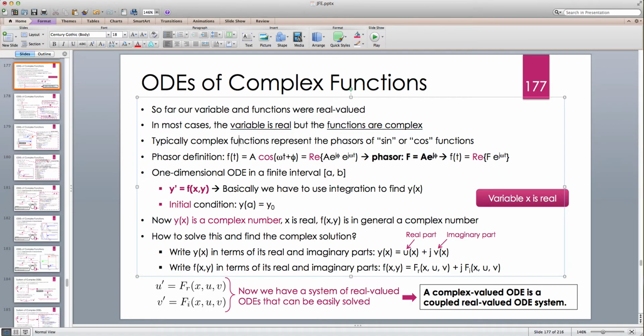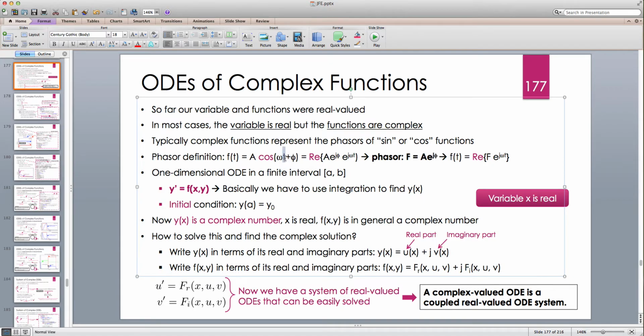And this happens all the time in physics, in mechanics, in electrodynamics, in quantum mechanics, all the time. So complex functions represent the phasors of a sine or cosine function. What do we mean by phasor? If you look at the general representation of a cosine function, it could be an amplitude times cosine of omega t plus phi.